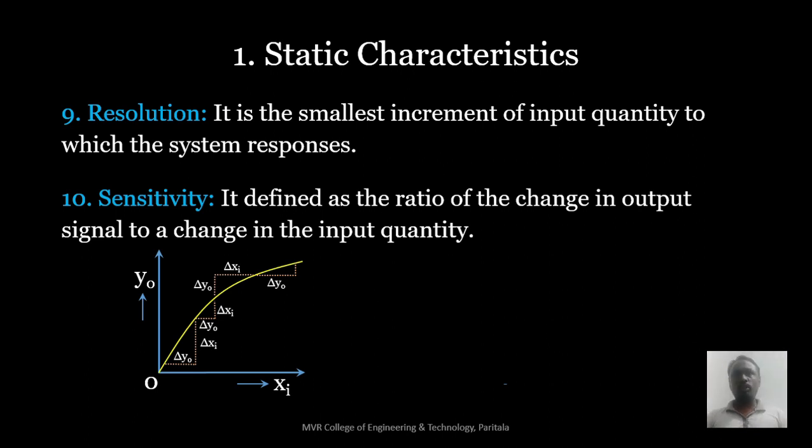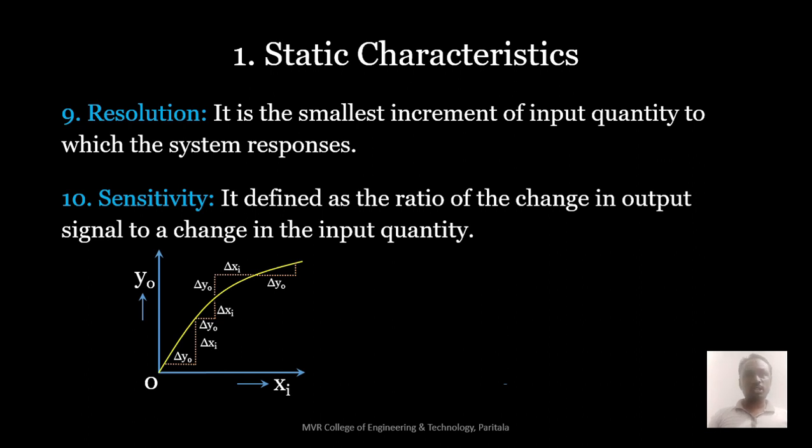Let us take a voltmeter which has certain ranges, like 0 to 20, thereafter 200, thereafter 600, and thereafter 1000. That means if you give a voltage between 0 and 20, you have to place the knob between 0 and 20.